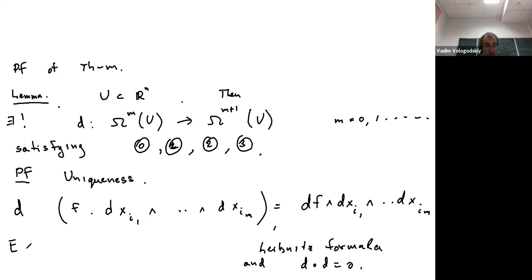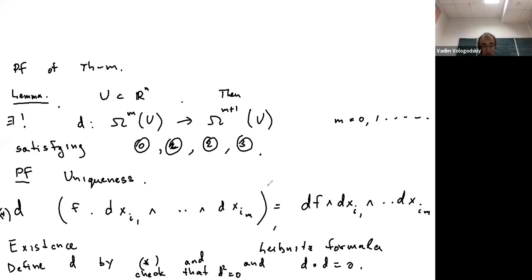Now existence. I will not give you a complete proof. Define D by this formula, and then one has to check that d squared is 0.